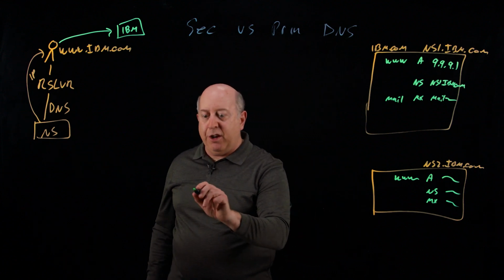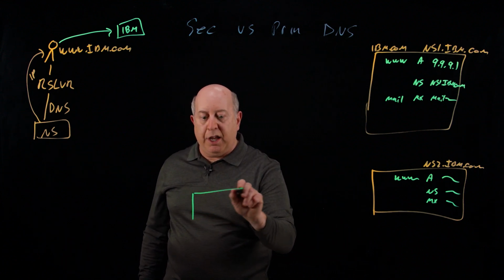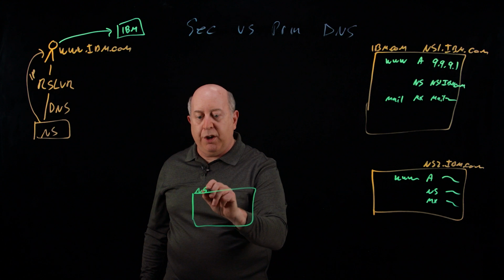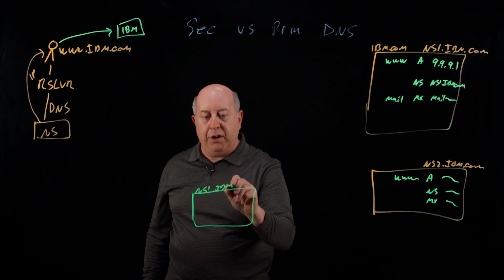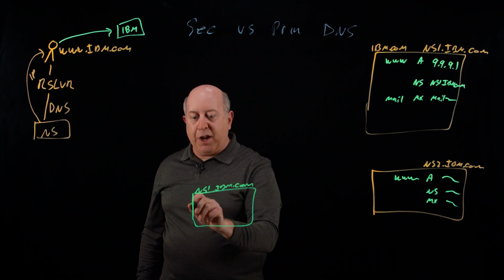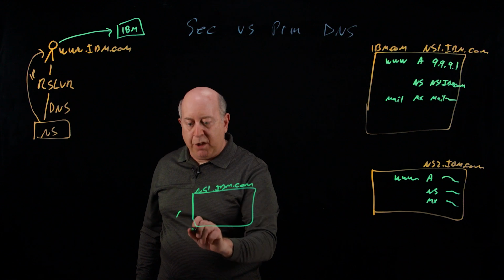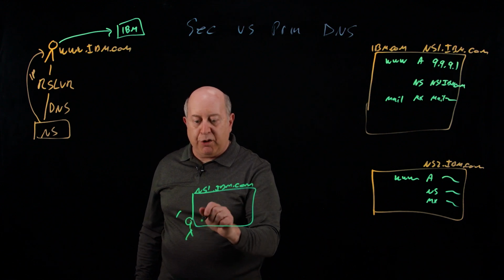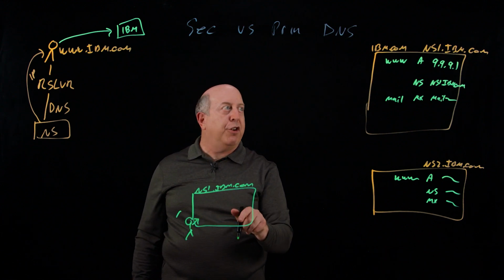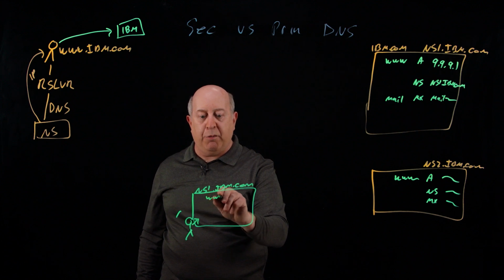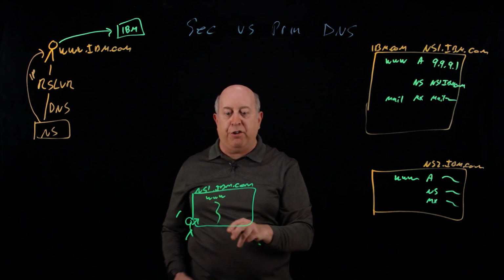So if I imagine, here's my server, ns1.ibm.com. And I've got my user down here. And my user is interacting with this server and filling in all the details. So I fill in my www record and so on and so forth.